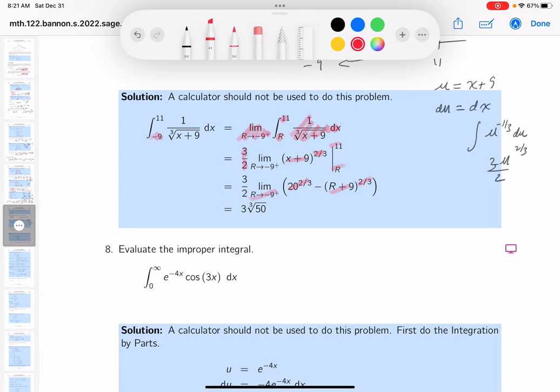Simply evaluating that limit, you would get 3/2 times 20 to the 2/3. And then that other term just disappears as r goes towards -9 from the right side.